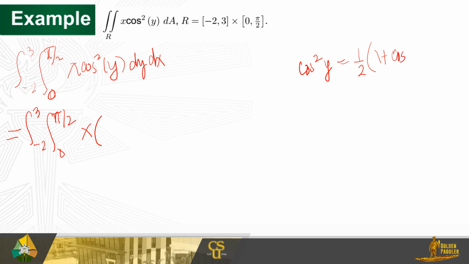Then, yung y natin, magiging double angle na siya, so magiging 2y na siya. Yan yung gagamitin natin. So magiging 1 over 2x times 1 plus cosine of 2y, dy dx.